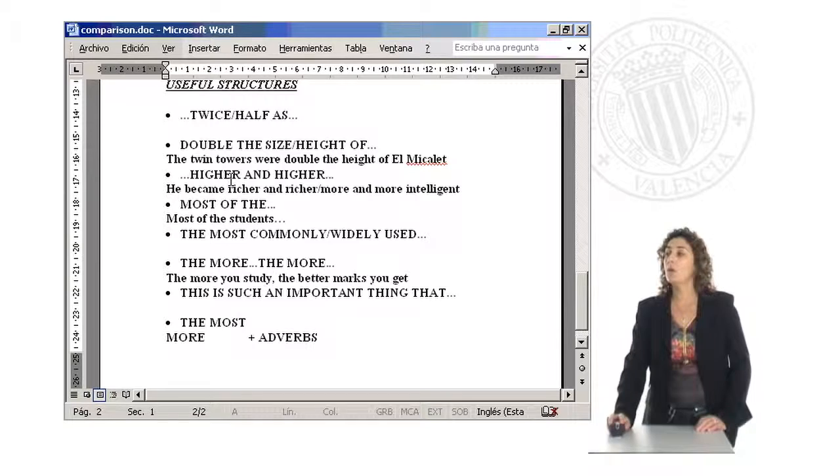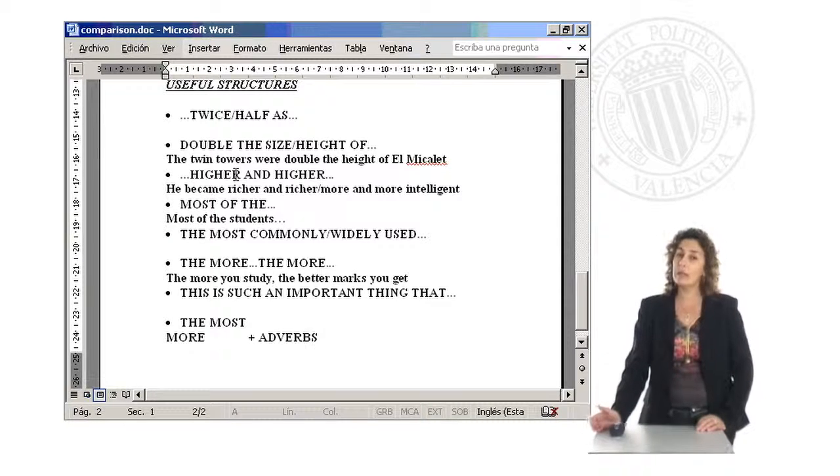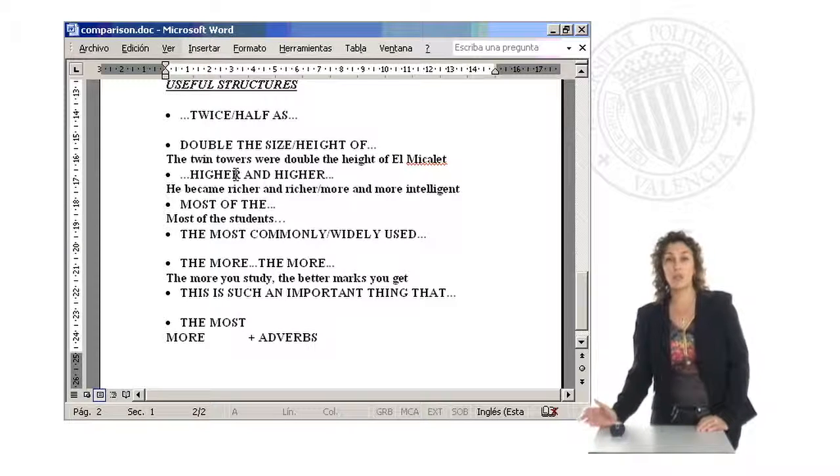What we do is form the comparative structure of the adjective and repeat it twice. In this case, for example, I wrote here "higher and higher", but imagine it's an adjective with more than one syllable. Then we would say "more and more intelligent". Really what we are doing here is adding the superiority form and repeating it twice.